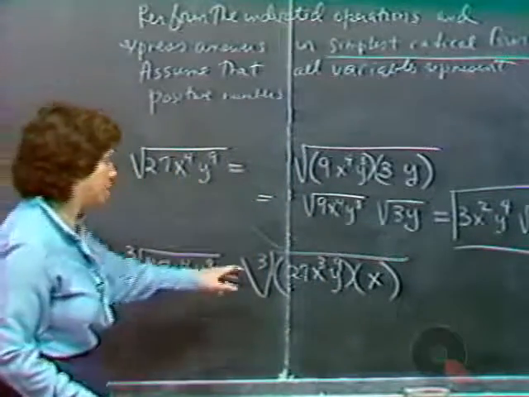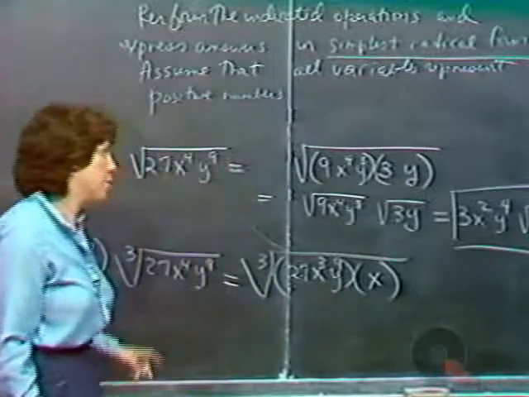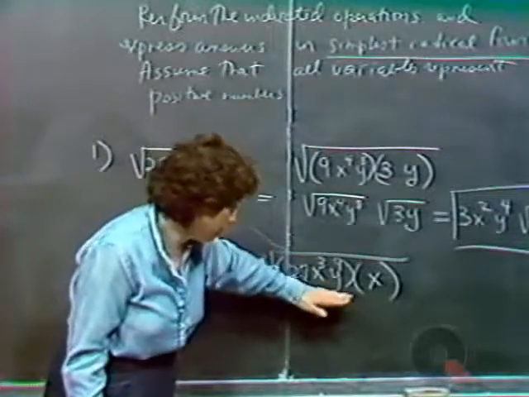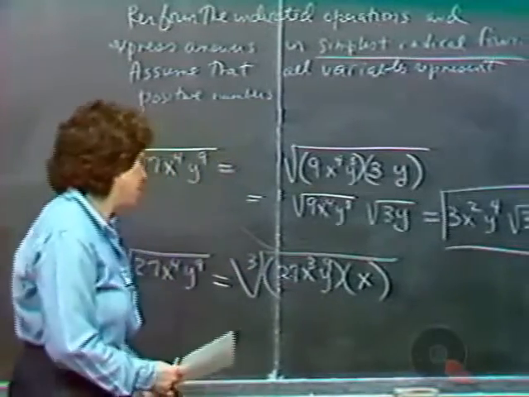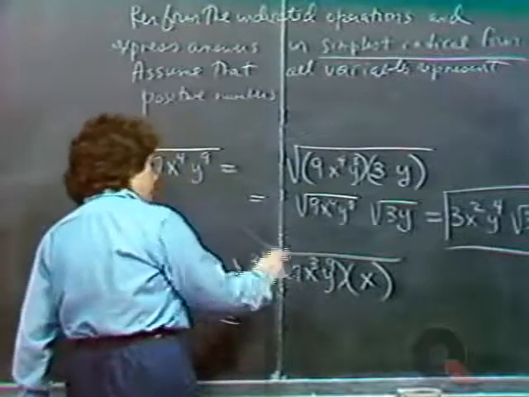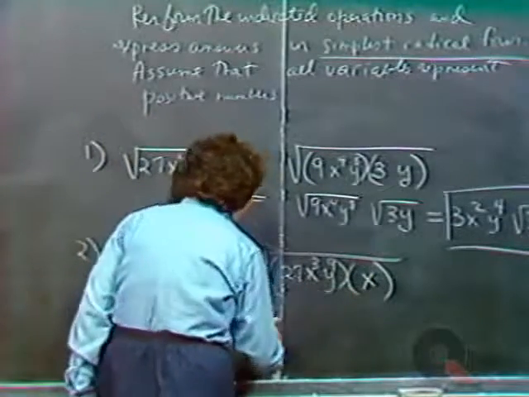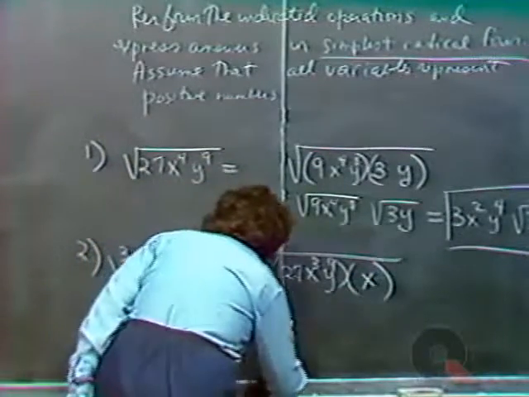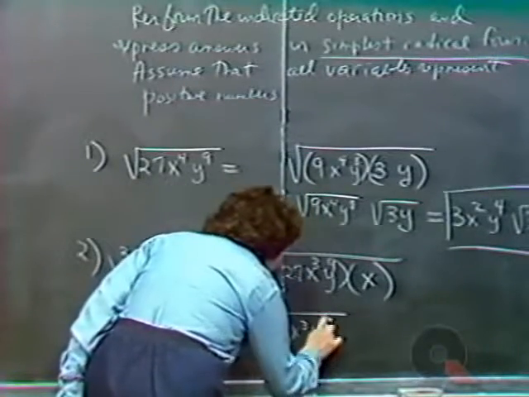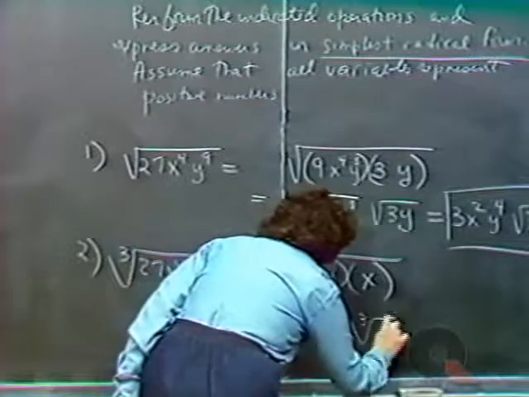So this is still 27x to the 4th y to the 9th, but we have refactored it, this time pulling out perfect cube factors in front. Now, the cube root of this product is the product of the cube roots of the individual factors. So it'll be the cube root of 27x cubed y to the 9th times the cube root of x.